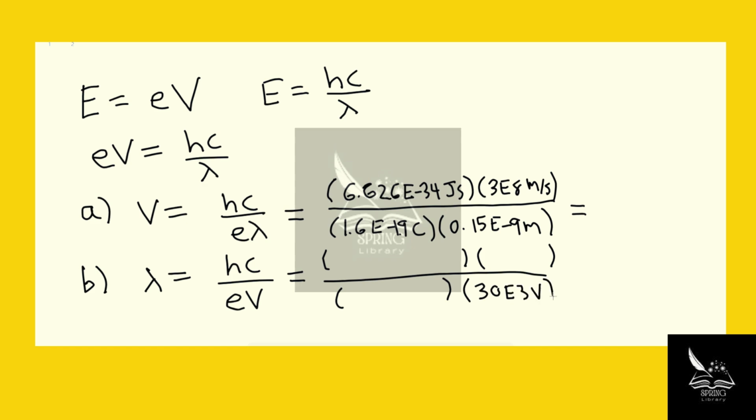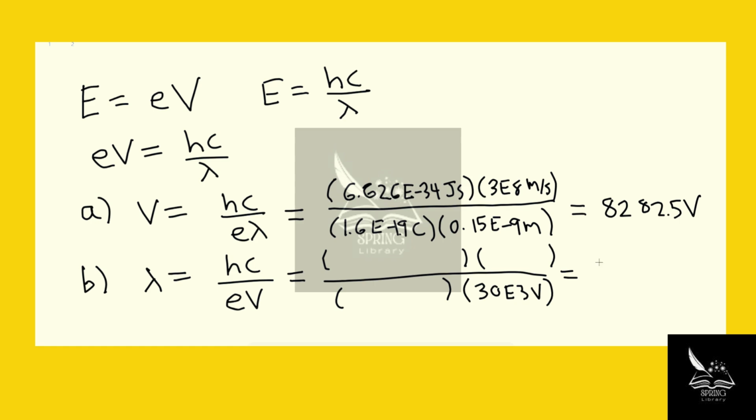So numerically, let's start with part A. After number crunching, we end up with a voltage needed to be 8,282.5 volts. That's what's needed to achieve X-ray wavelengths of 0.15 e to the negative 9 meters, or rather 0.15 of a nanometer.